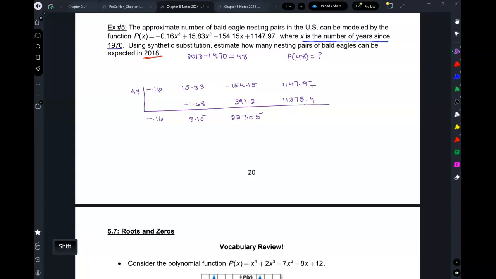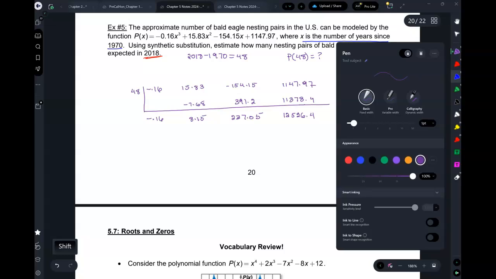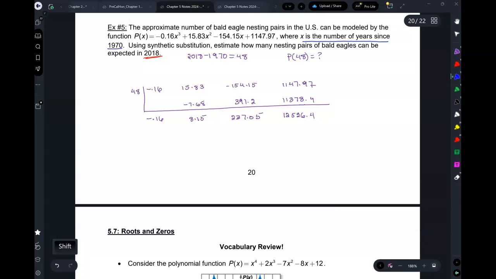Correct. And then when we add, we get 12,526.4. So P of 48 is 12,526.4.